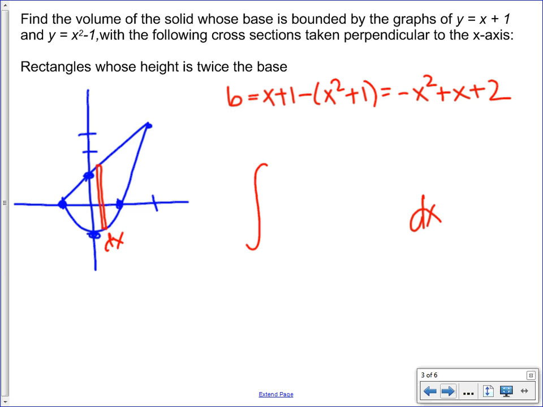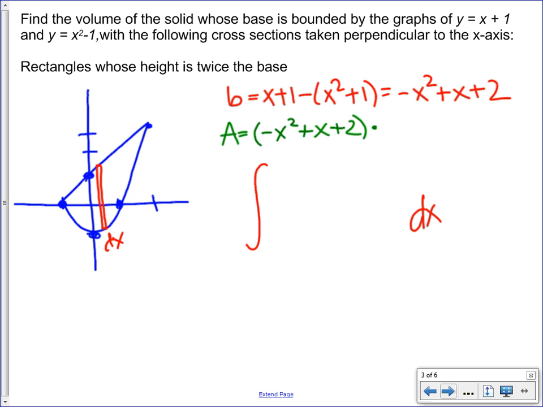Let's talk about the area of these rectangles. Okay, how do we find the area of a rectangle? Base times height. Well, we just figured out that the base is top minus bottom, times the height of our rectangle.